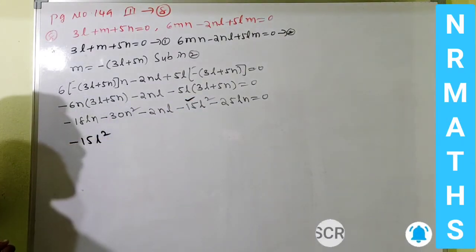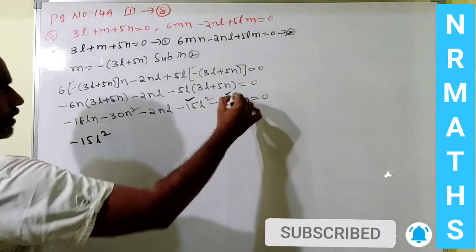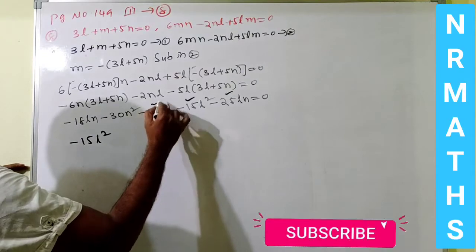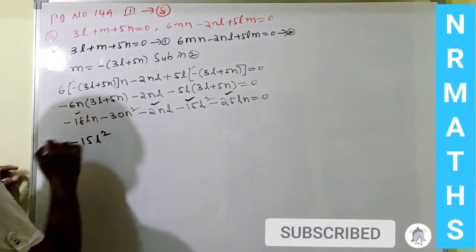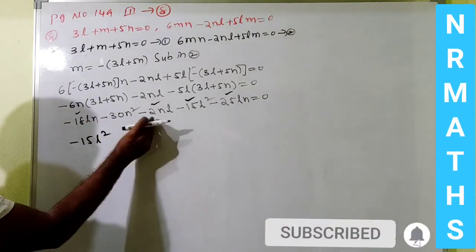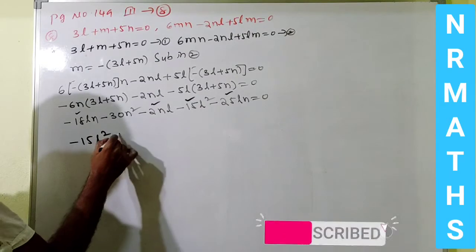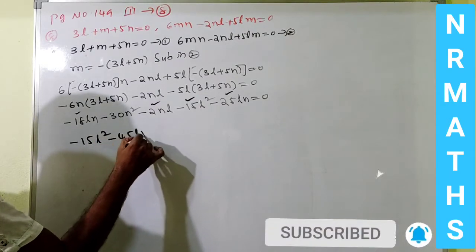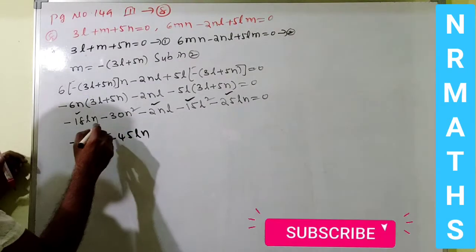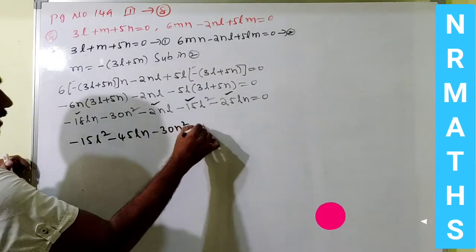Next, the NL coefficients: all are negative, minus 18, minus 2, minus 25, so add them: minus 45 LN. Next, the N square coefficient: minus 30 N square is equal to 0.